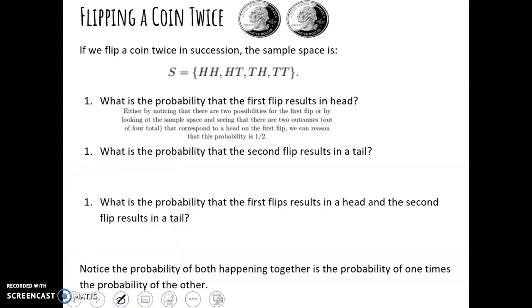Okay, the second flip's tails here and here. So that would also be 2 out of 4 or 1/2 or 0.5.